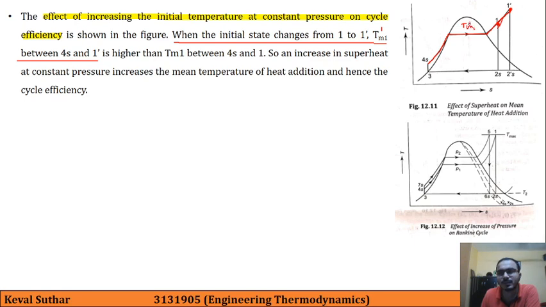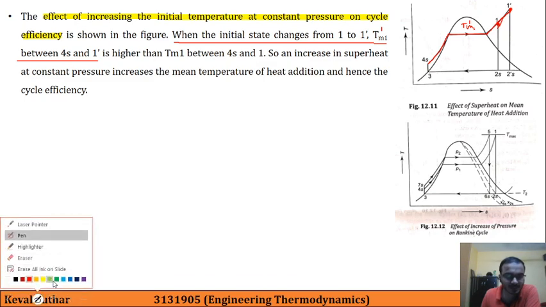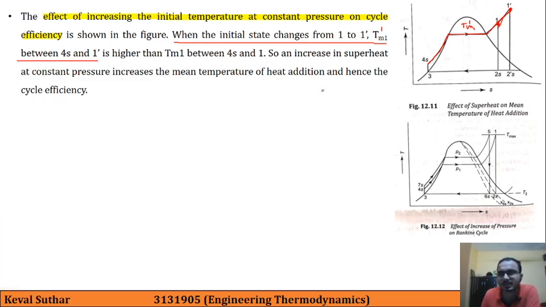And for our previous cycle, that was the standard cycle, we were going from 4s to only 1, that is over here. So this is only Tm1 for this. So obviously Tm1 prime is higher than the Tm1.